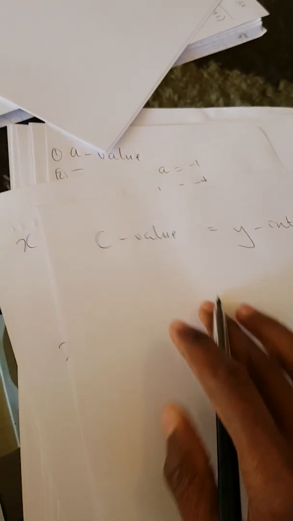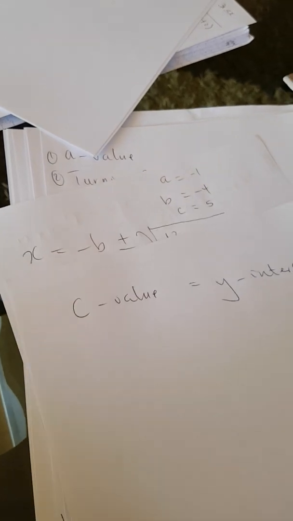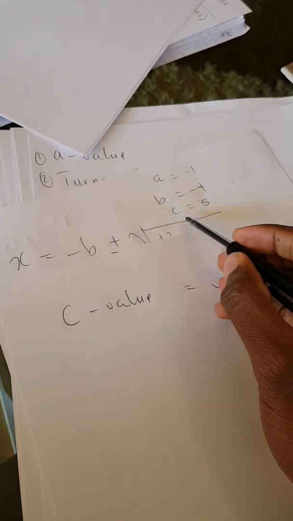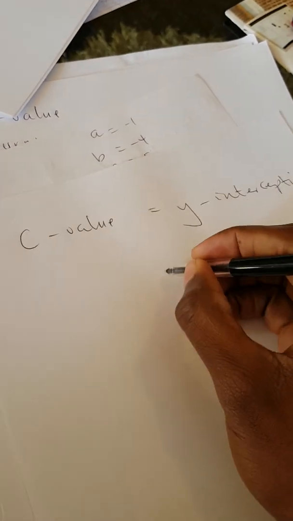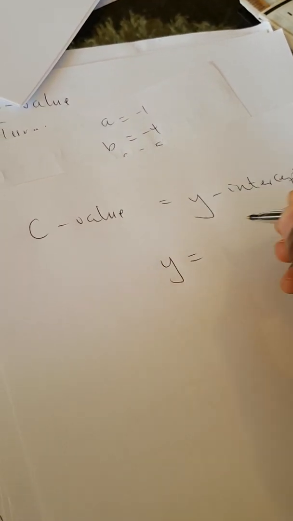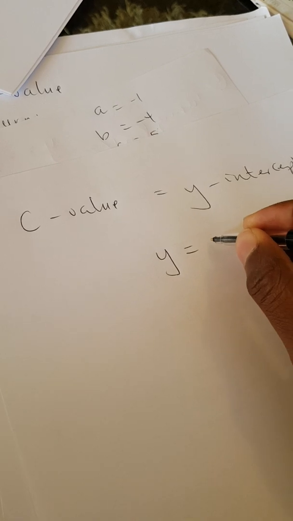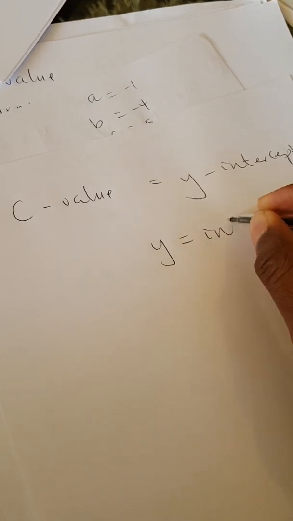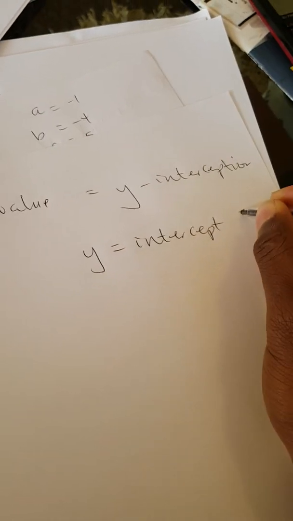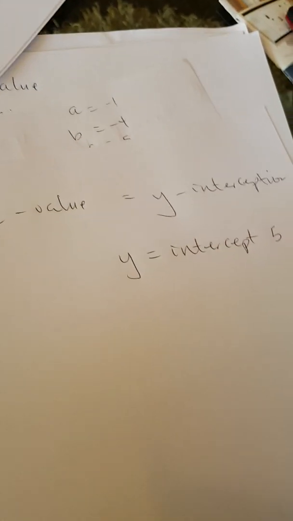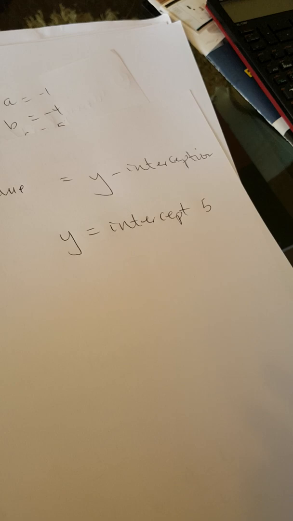So now that the c value is equal to 5, you see c is equal to 5, so it means y is going to intercept at what? At 5. So now we can put it this way.